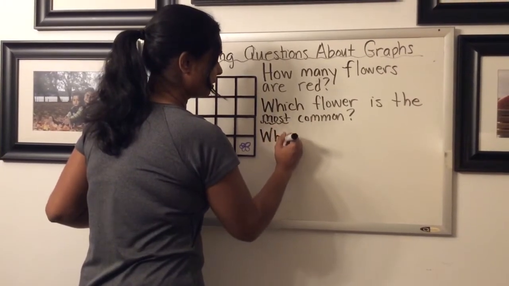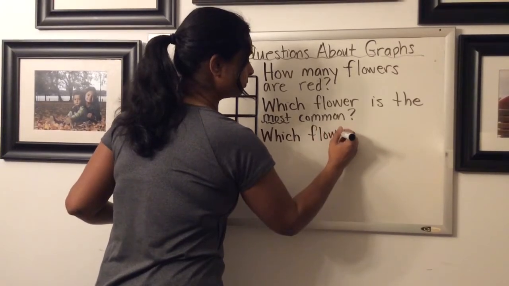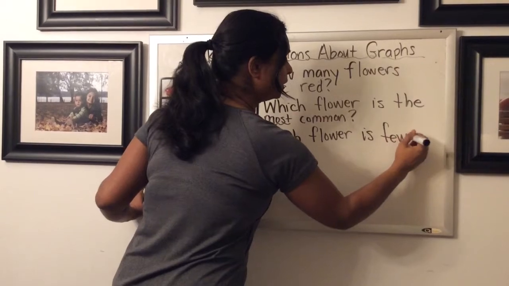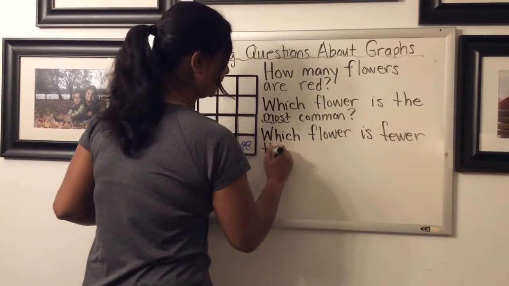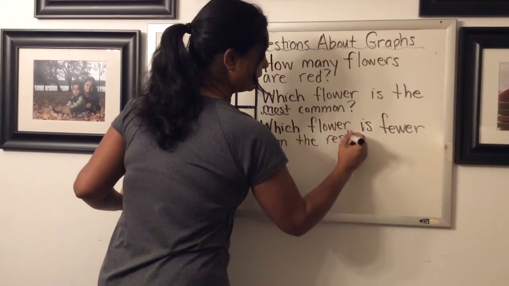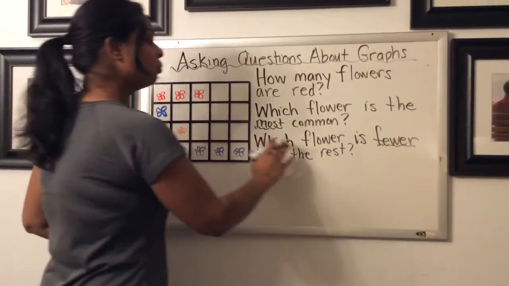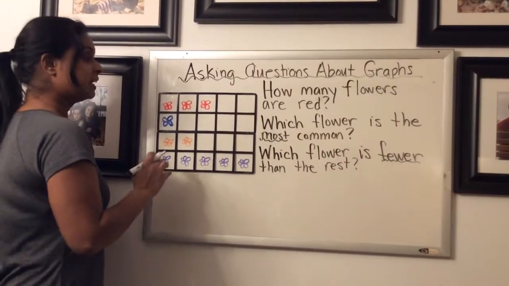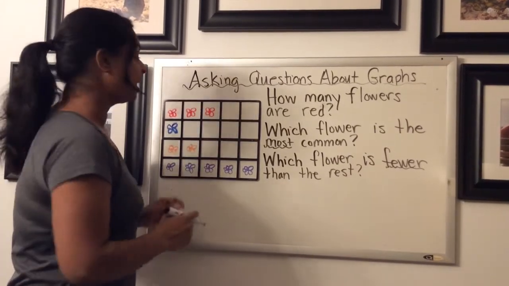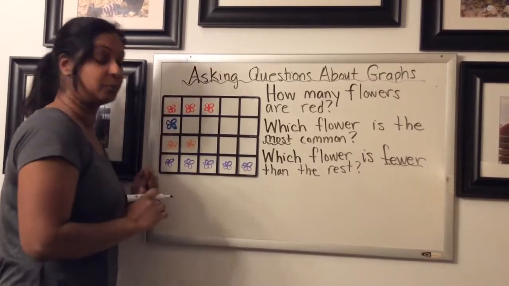Which flower is fewer than the rest? Okay, and there's my word fewer there, just on its own. Which flower is fewer than the rest? So then I would answer my question. I would say blue is fewer than the rest. Okay, you can also think of it as which one is the fewest, which color has the fewest amount of flowers.